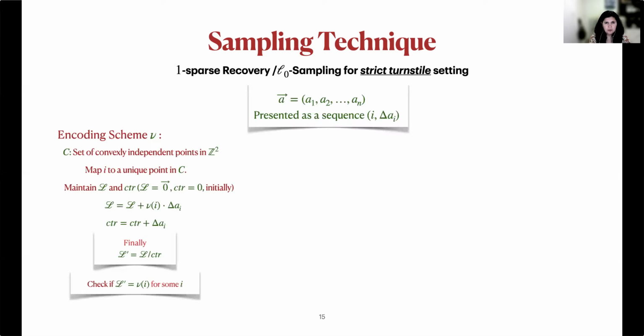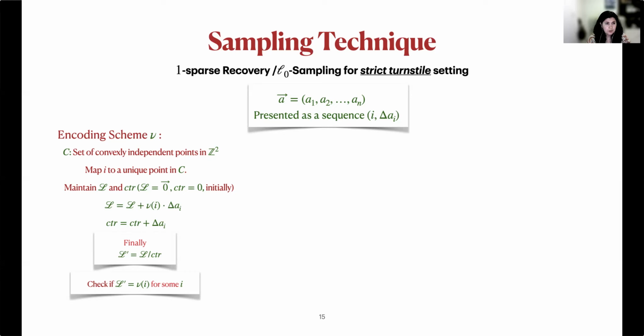So this is how our sampling technique works. We are presented a vector A as a sequence of updates. First, we use an encoding scheme, nu. So this is how it works. We have a set C, which is a set of convexly independent integer vectors in Z^2.